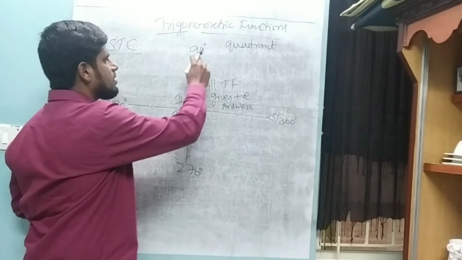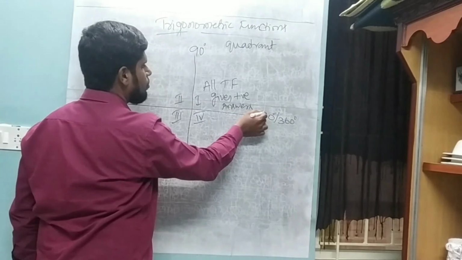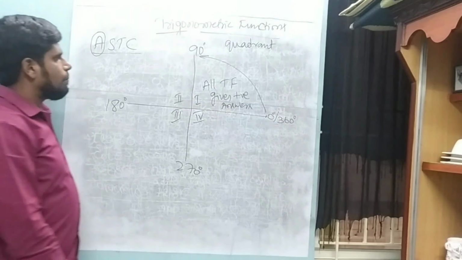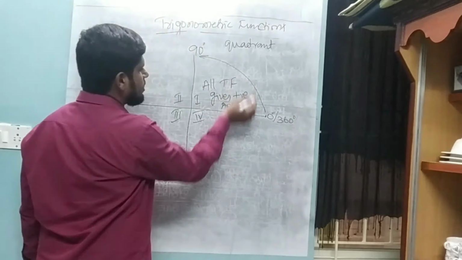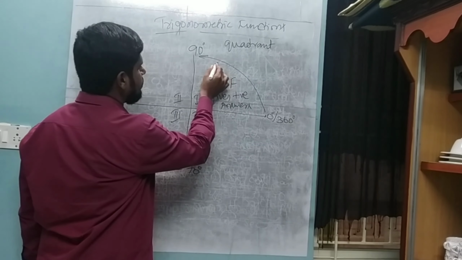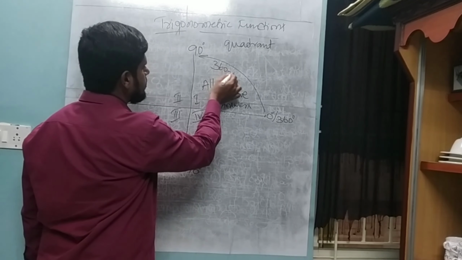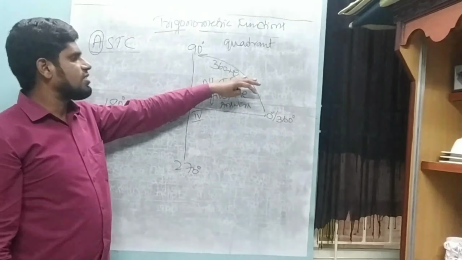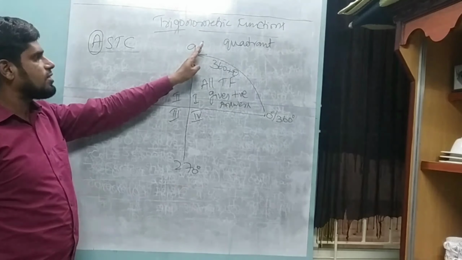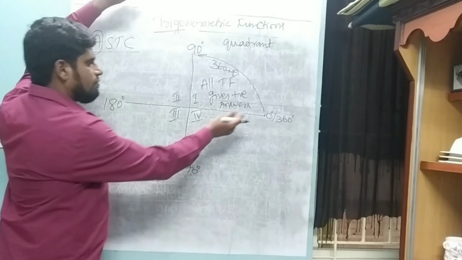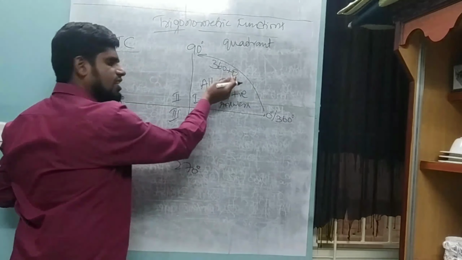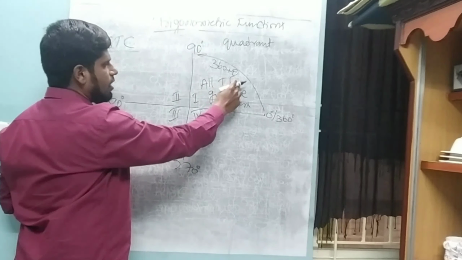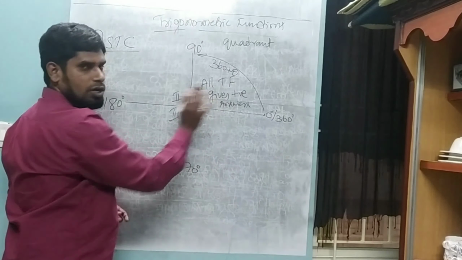How can we represent the first quadrant? There are 2 ways to represent each quadrant. The first way is 0 plus theta or 360 plus theta. Theta is something, anything; it can be 1, 2, 3, any angle less than 90 degree. If I add anything to 360, it becomes the first quadrant, and in the first quadrant, all trigonometric functions give positive answers.